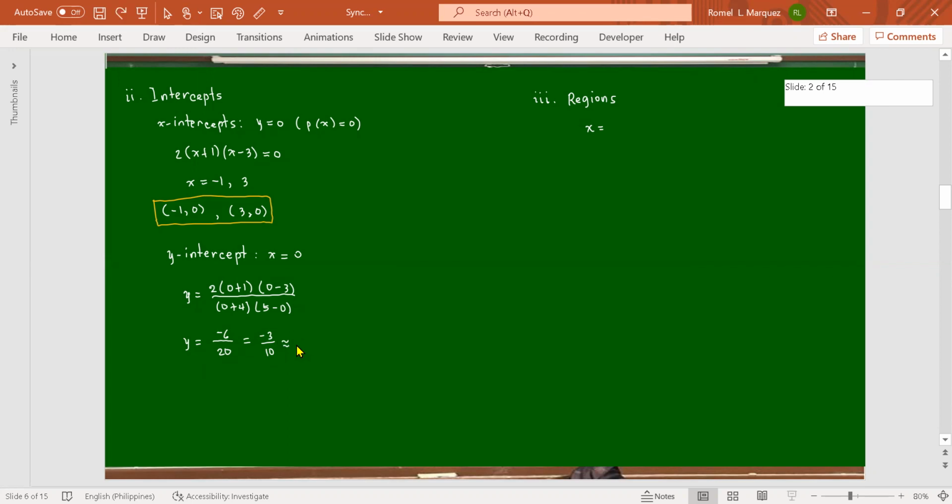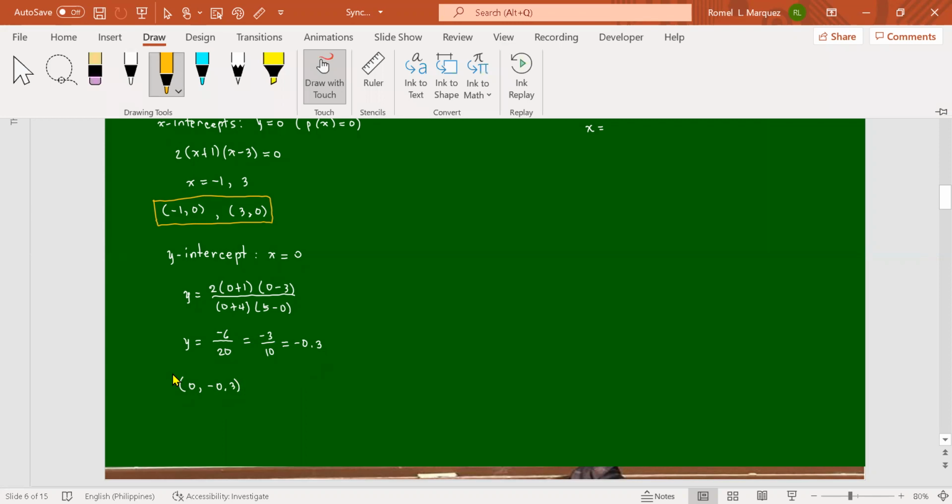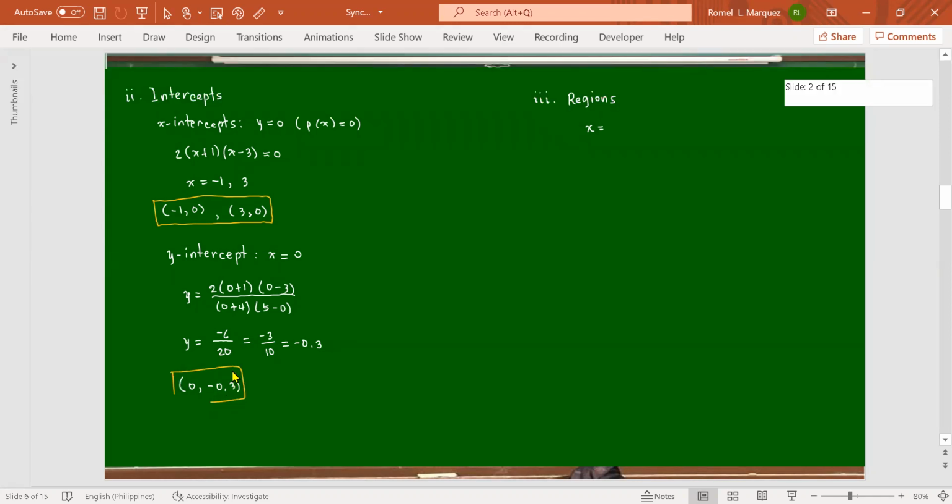Actually, exact siya, no? Negative 0.3. It means we have 0, negative 0.3. Okay. Another important point.